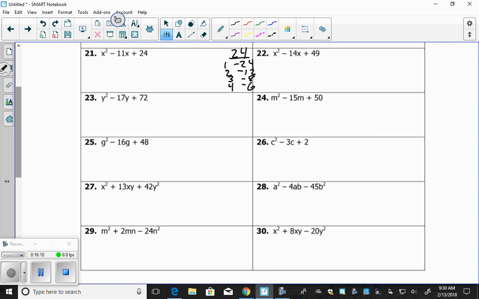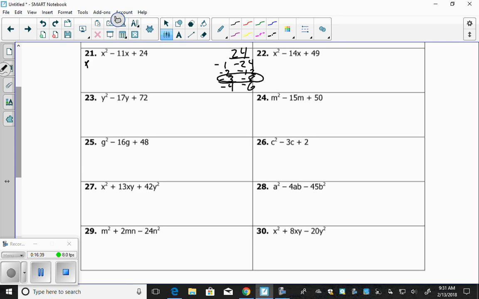So what do I have to do with the other number to get a positive? So which factors now will add to give me 11? Negative 11. 3 and 8. So I'm going to use these two.